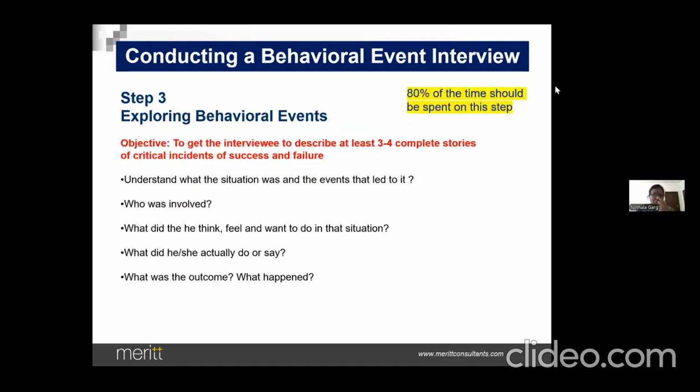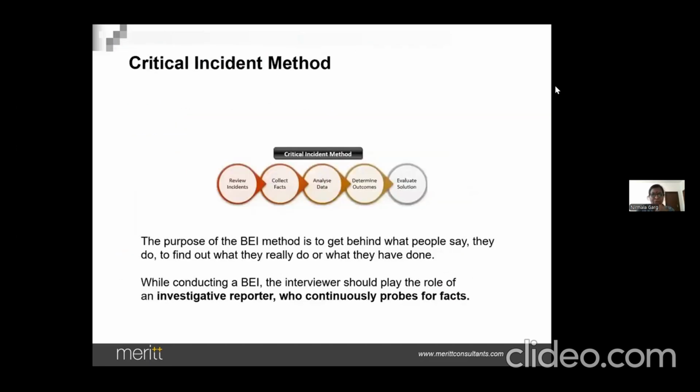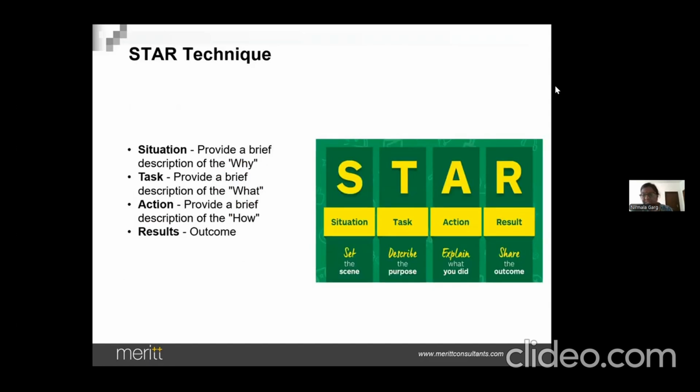Okay. So let me jump straight into this BEI, how to do it. This is the most important heart of it. We typically call it the STAR approach. Very simple. Why do we call it the STAR approach? Because if Soumya has narrated his challenges and experiences in a STAR approach, KK would have also analyzed it.